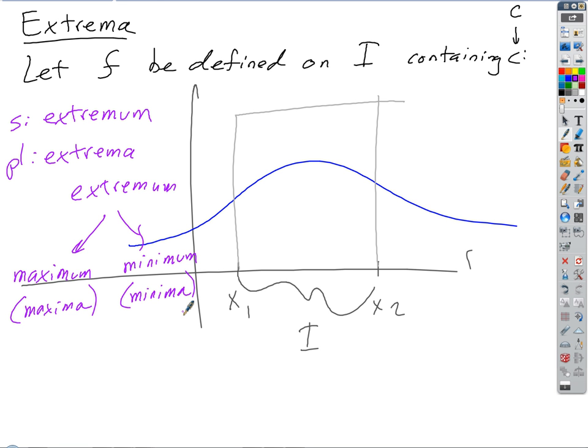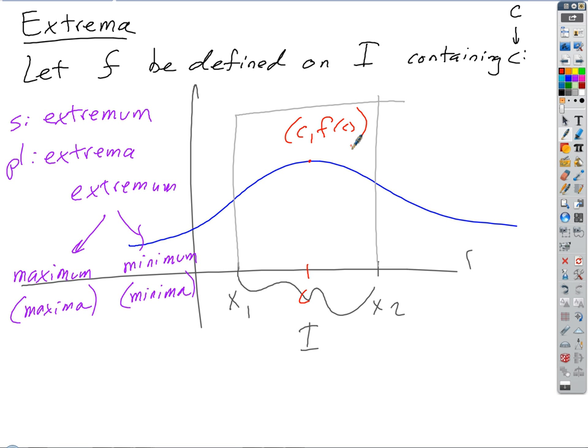Okay, good. Let's say that it occurs at the x value c. So here is c, and there's the point with coordinates c, f of c.